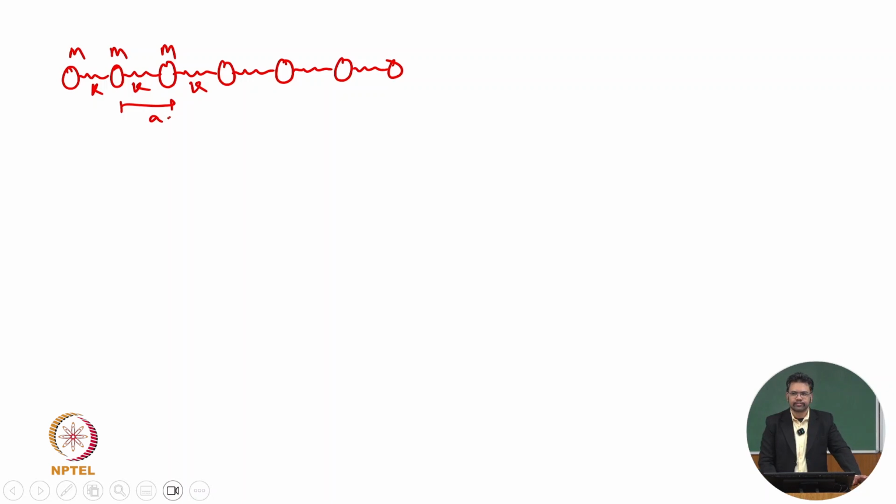Somebody gives you this chain and asks you to calculate the dispersion relationship. What should be the right approach, or the different approaches, to solve that problem? Let's discuss that.